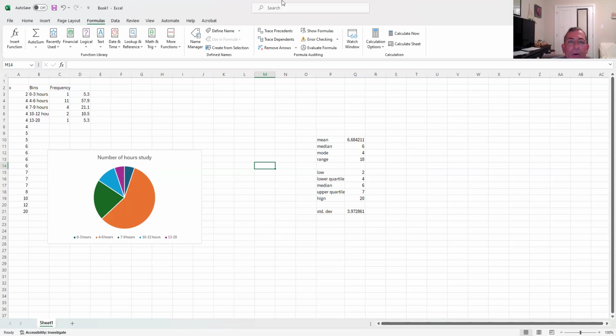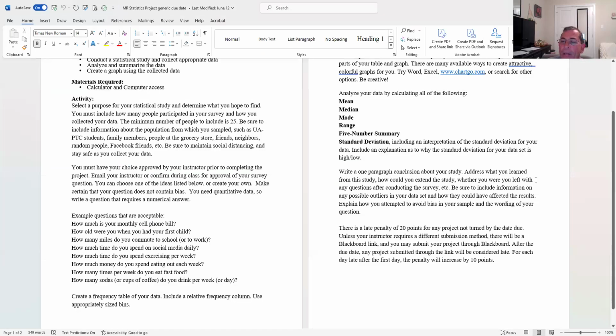and then let me share the screen with the instructions. It just wants you to write a little bit about your study. So like mine, how could I extend my study?